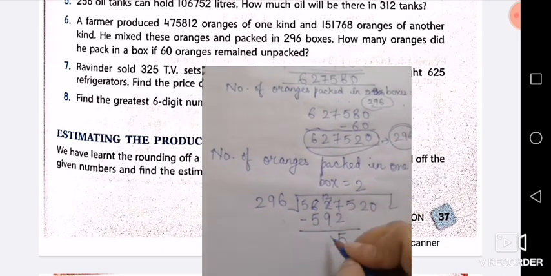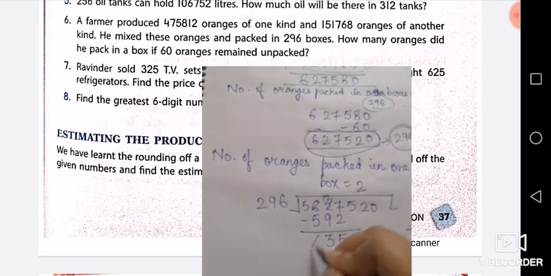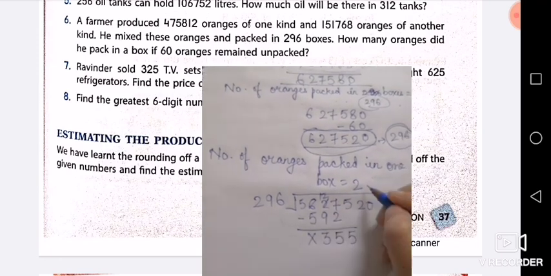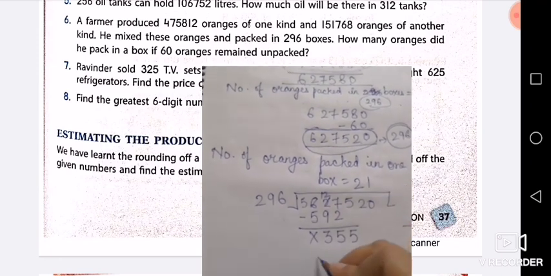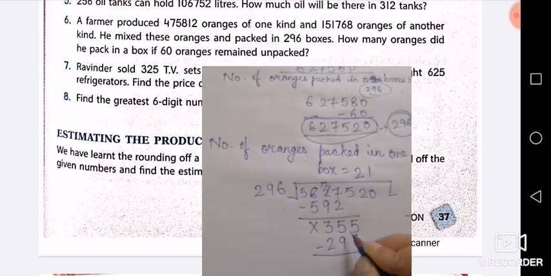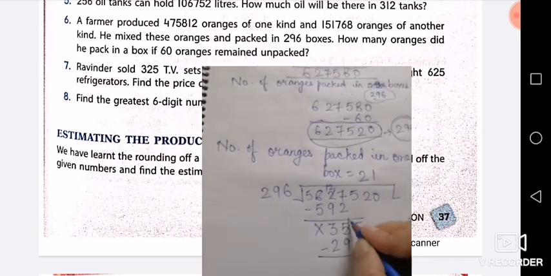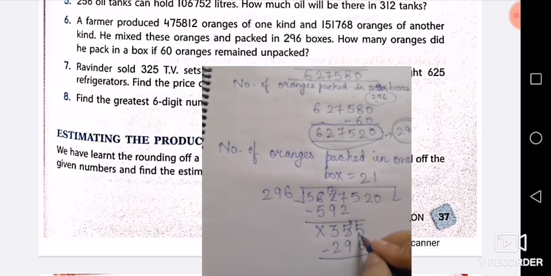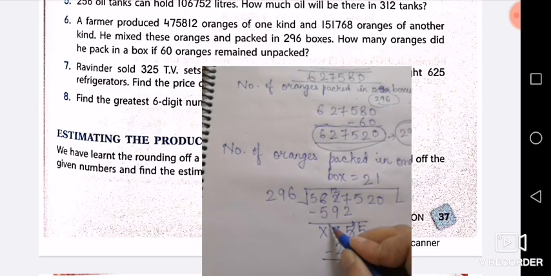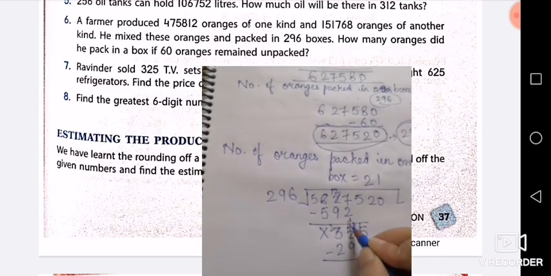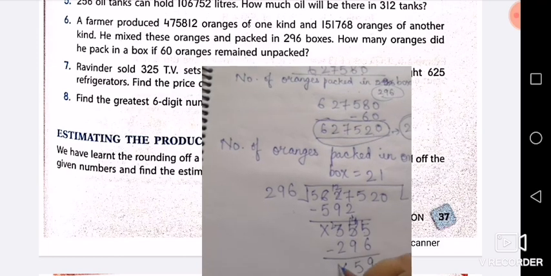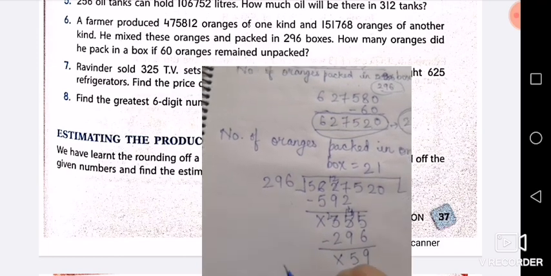Now 12 minus 9, 3 you will get, nothing will be left. Now 5 will get down. Now it will go 1 time, that is 296. Now here 15, this will become 4, this will become 15. 15 minus 6, 9. Now this will become 2, this will become 14 now. 14 minus 9, 5 again. Here nothing will be left now.